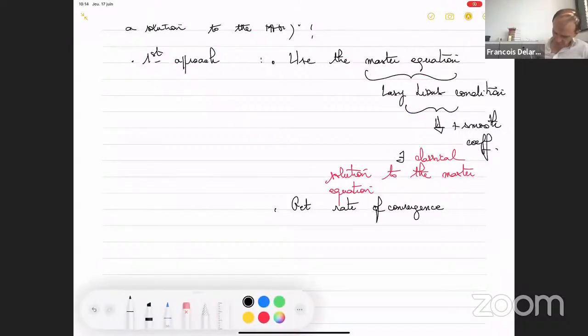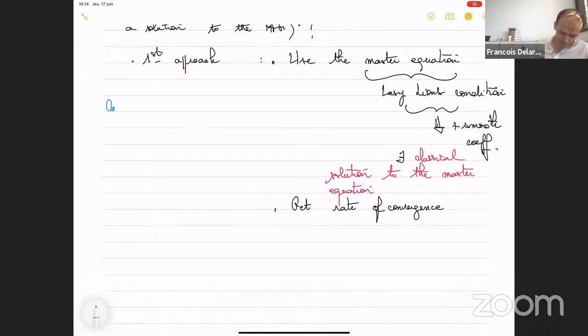As for the references on this approach, this is in fact the real purpose of the book with Cardaliaguet, Delarue, Lasry and Lions. This was really the purpose of the book, to explain this method.